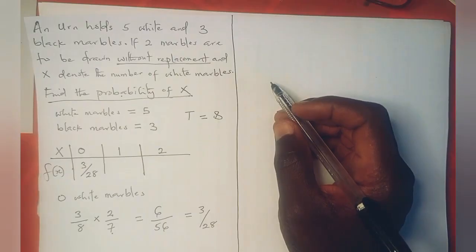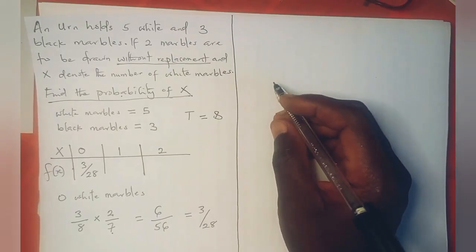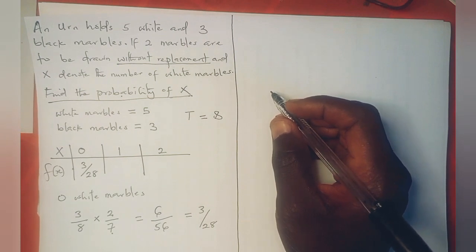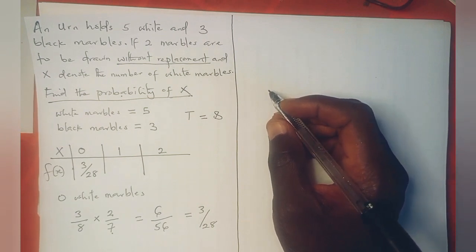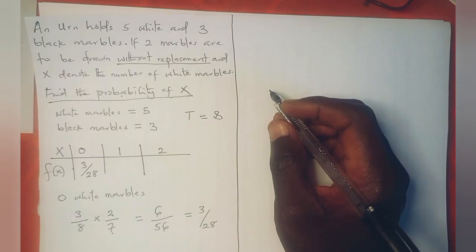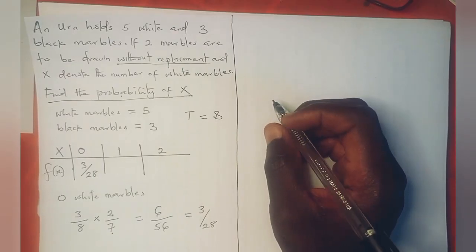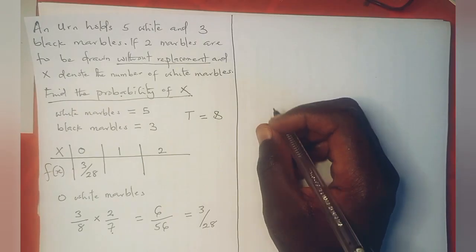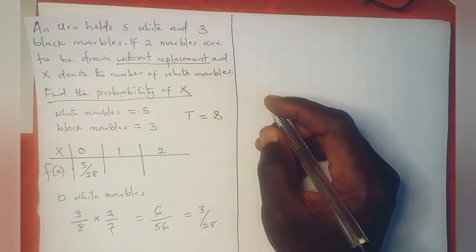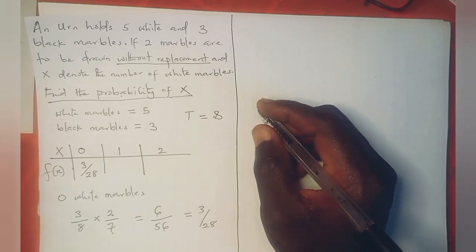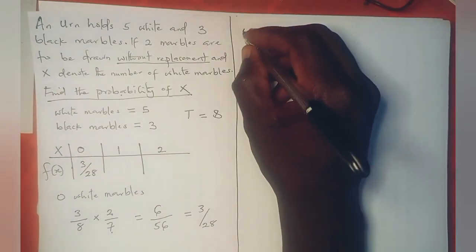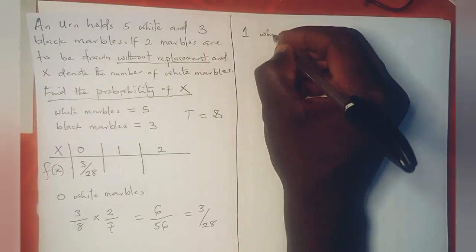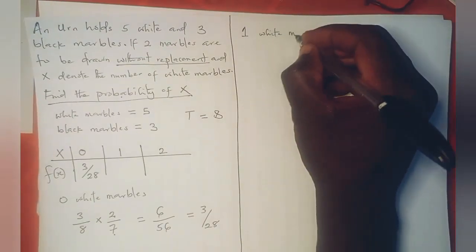Now let's assume that one of the two marbles drawn is white. It will come in this order: the first one drawn is white and the second is black, or the first one drawn is black and the second is white. So let's say one white marble.